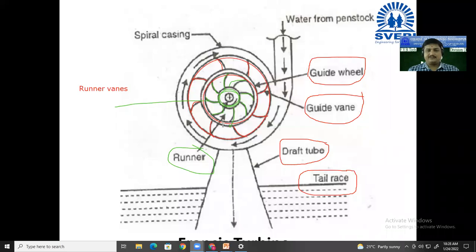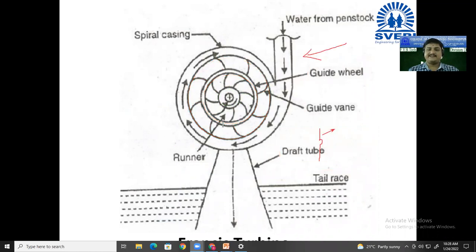Friends, now we will move towards its working. We will see how this particular mechanism works. Now, as I have mentioned to you people, the water is taken inside this Francis turbine from the upper end.